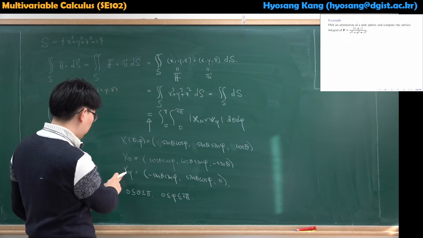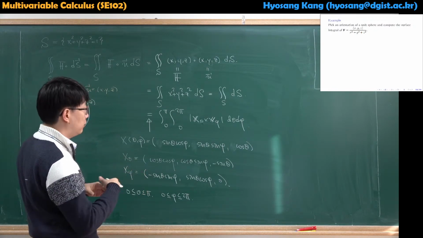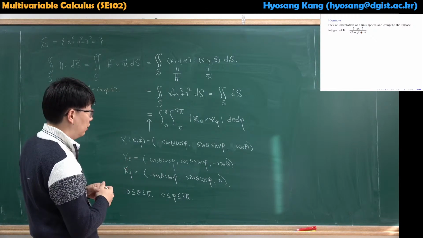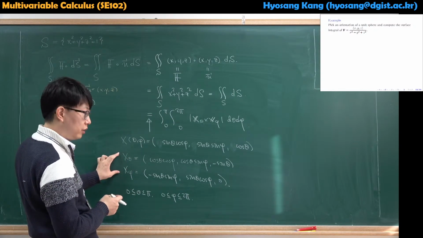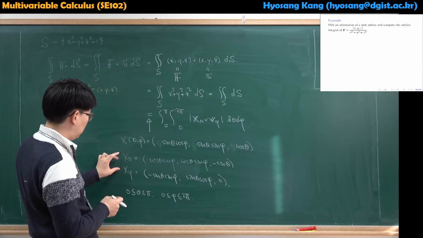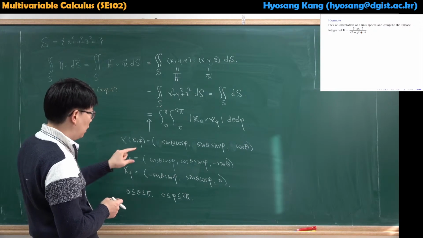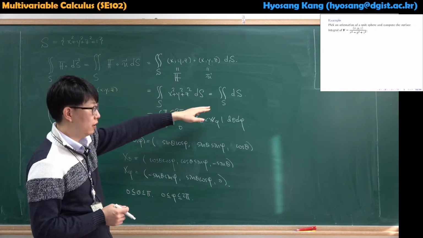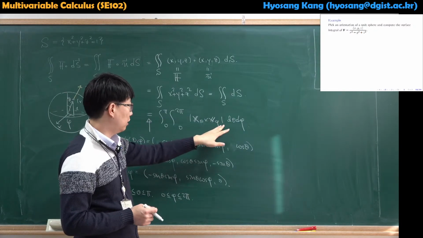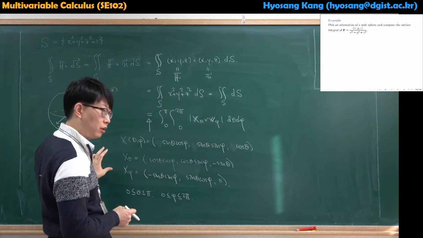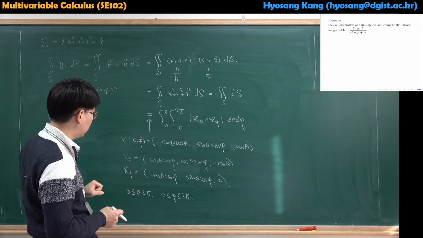So what's the cross product? Normally if you want the flux, you need a cross product in the correct order, but we are integrating a scalar function, so we are taking a size, and we don't need to care about the order of the cross product.